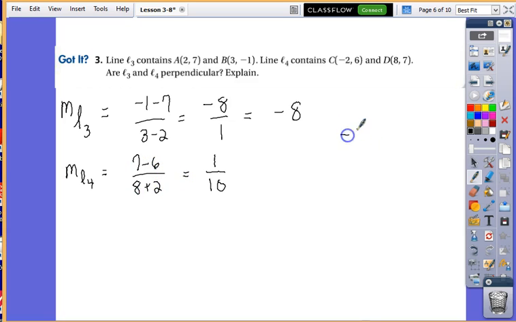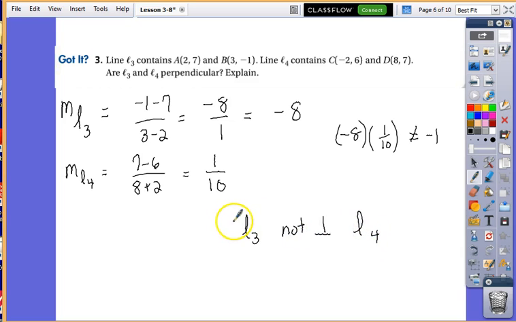So if I multiply negative 8 and 1/10 together, I do not get negative 1. So therefore, line 3 is not perpendicular to line 4. Close, but not quite. Hopefully you got this right, and you're ready to move on to the next concept.